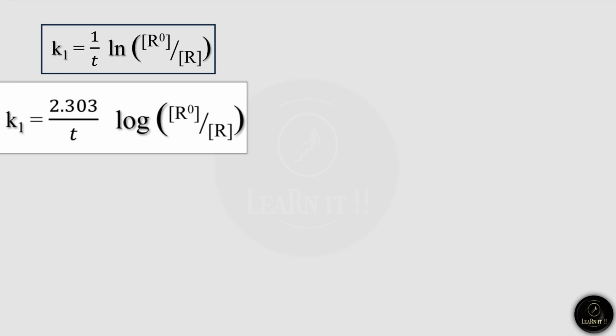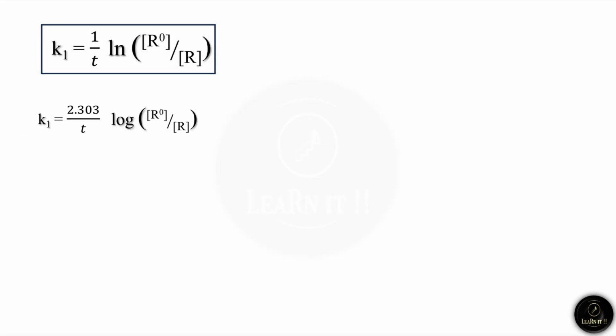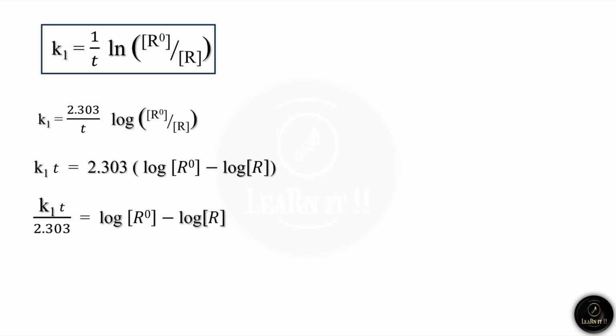So K1 is equal to 2.303 divided by T, log of [R]naught divided by [R]. When we rearrange, we get K1 into T is equal to 2.303 into the bracket log of [R]naught minus log of [R], because we know the logarithmic relationship. So K1 divided by 2.303 is equal to log[R]naught minus log[R].